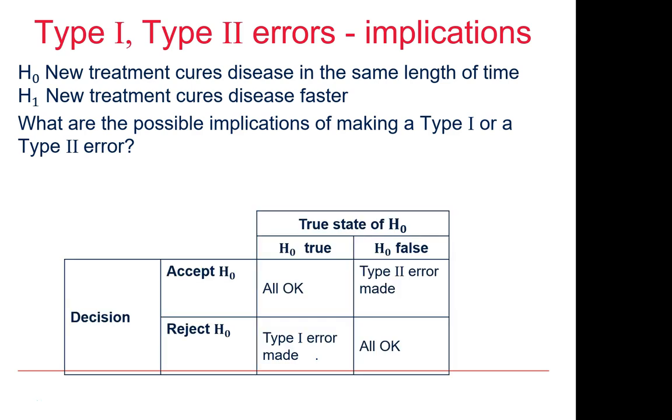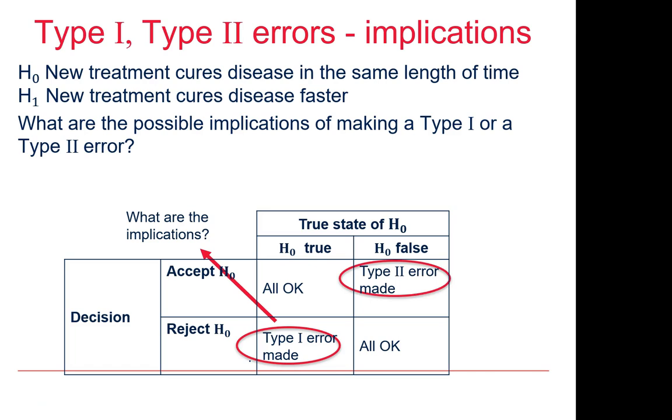So if we think about a type 1 error, what does this actually mean? So H0 is true, so the new treatment isn't any better, but we end up rejecting it. What's that going to mean in terms of the staff, the medical service, the patients?